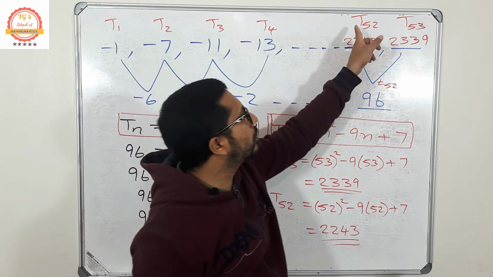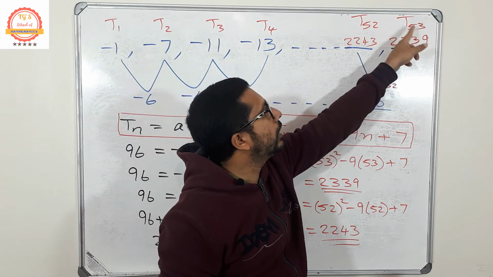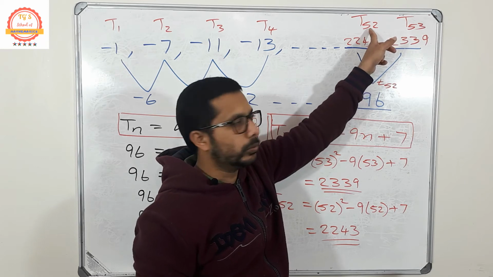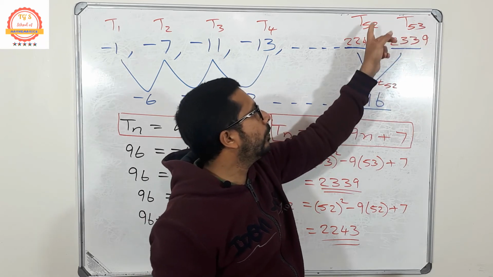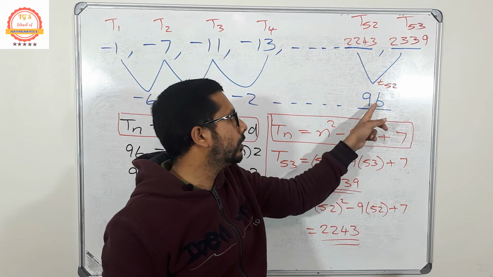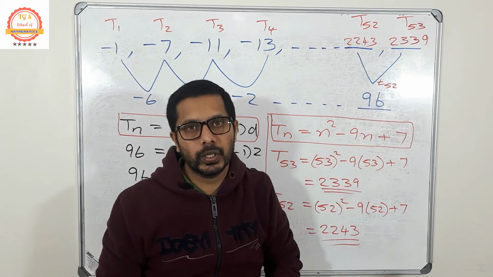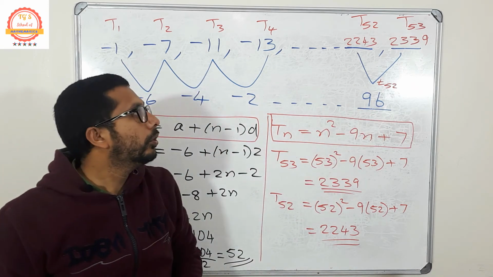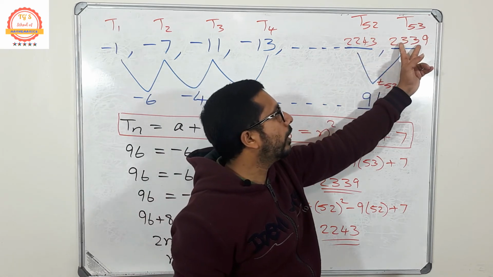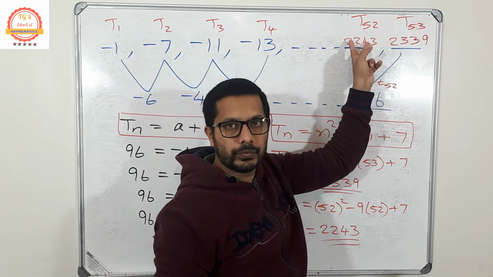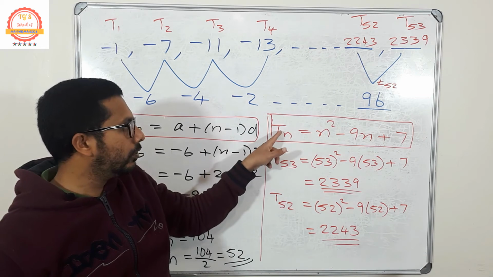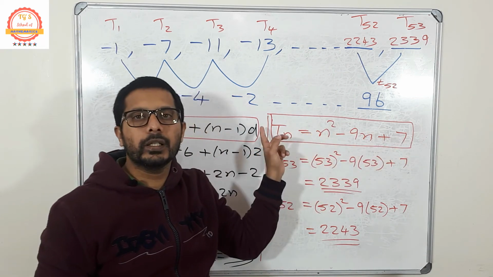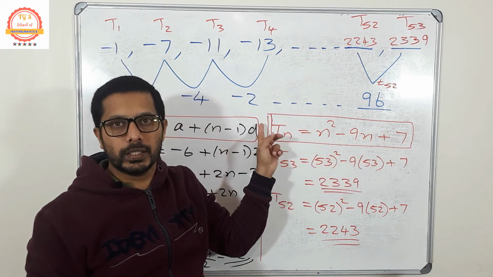So what are these two terms? This is 53 and this is 52. So T53 minus T52 gives you the answer 96. Okay, now what you have to do is find the values of T53 and T52. So in the previous question we got an expression for the nth term of that quadratic sequence.